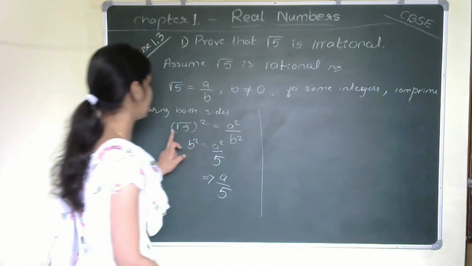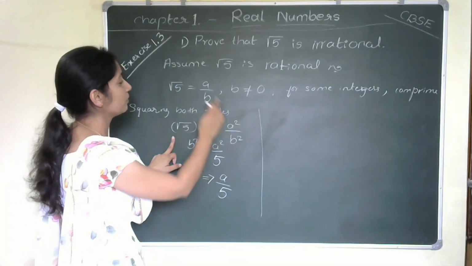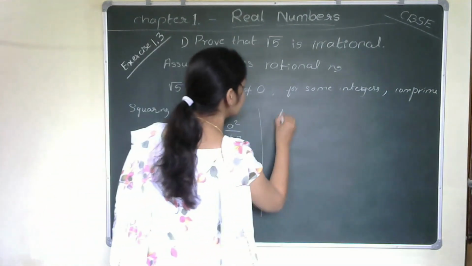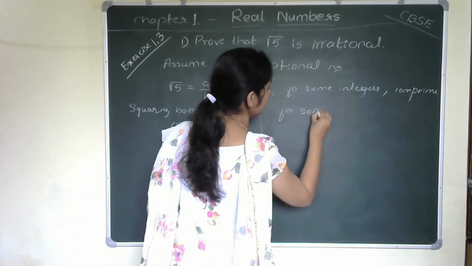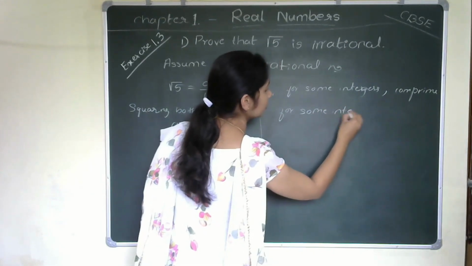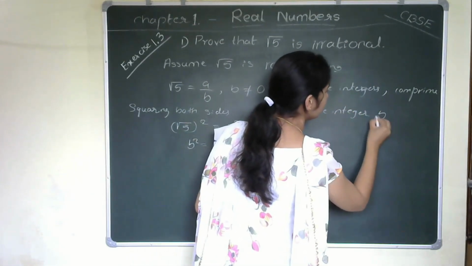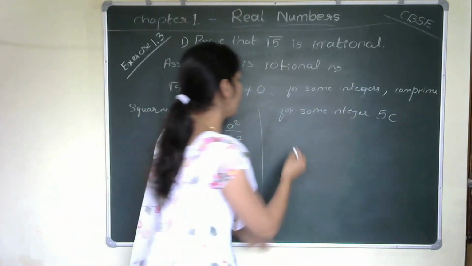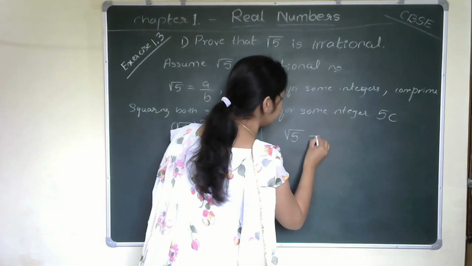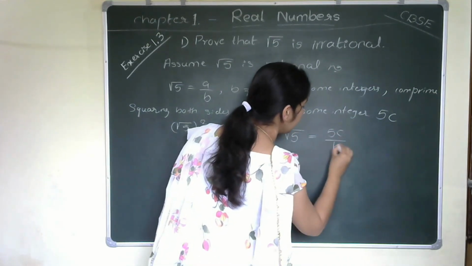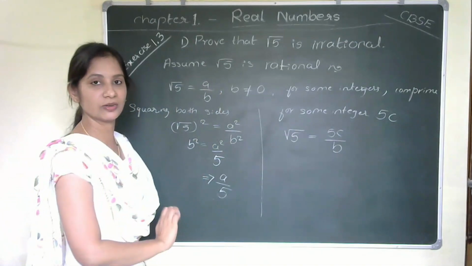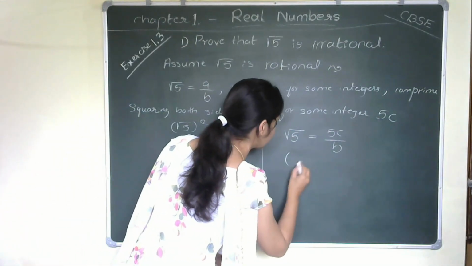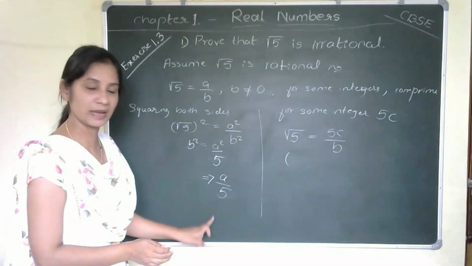Now the second step: we can take any other integer in the place of a. That means for some integer, 5c I will take. For some integer, a equals 5c, how can I write root 5 equals 5c divided by b? Only I replace the value of a. I have taken one more number here. So what will happen if I square both sides? The process is the same.